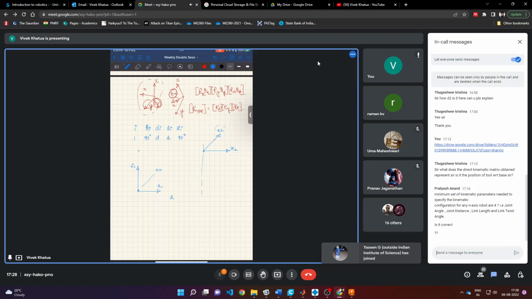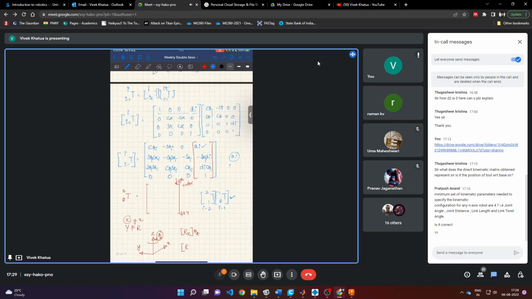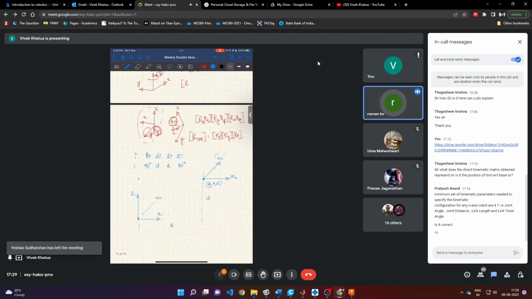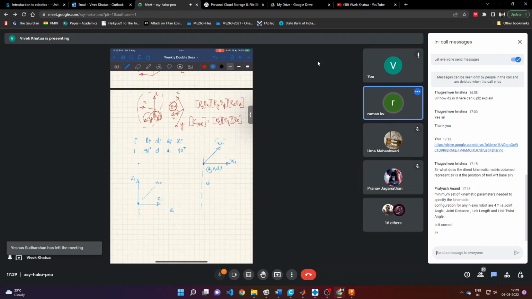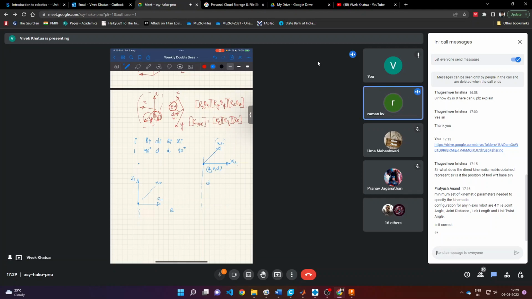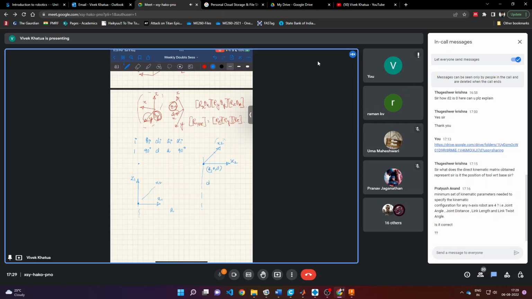Now I have moved A and I have moved positive D in the Z axis, right? So this point, if I have to put it in 3D space, will be A, 0, D. So the transformation matrix which we have derived is not for the problem.